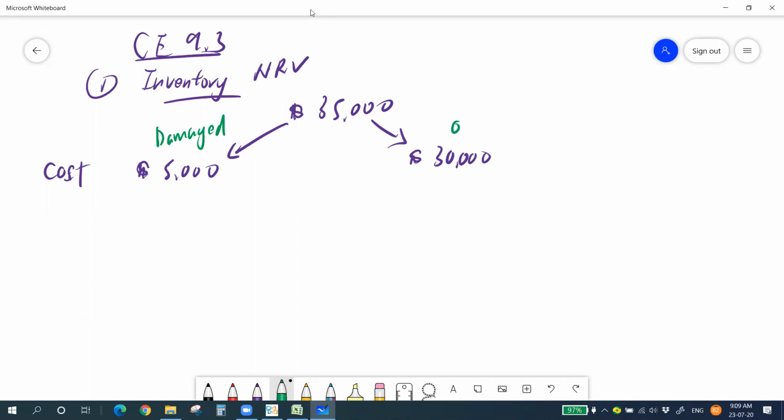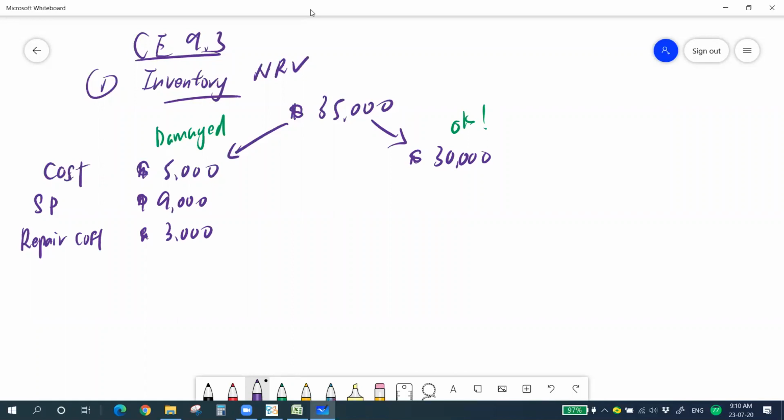This batch of product is okay, no problem. So cost is 5,000. And then they say that the future selling price is 9,000. And then they have a repair cost, 3,000. So these are the information provided by the examiner.